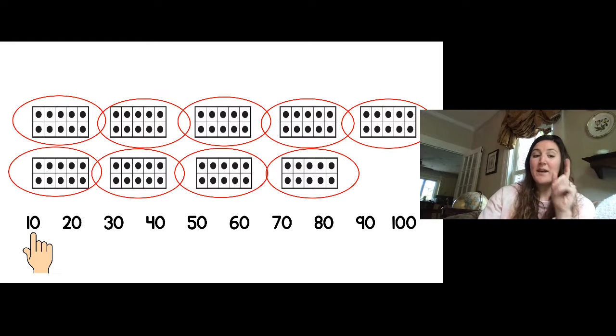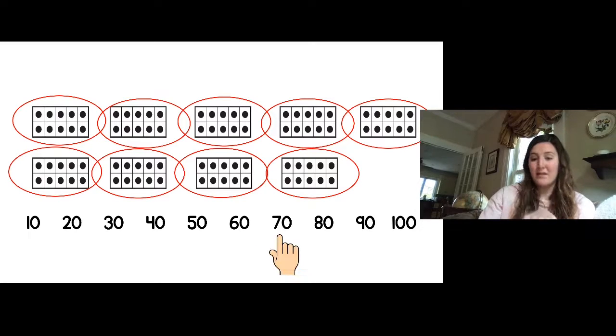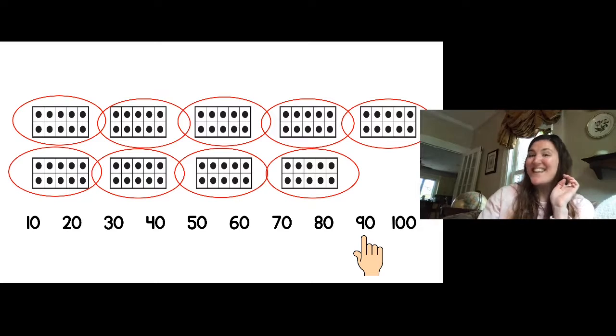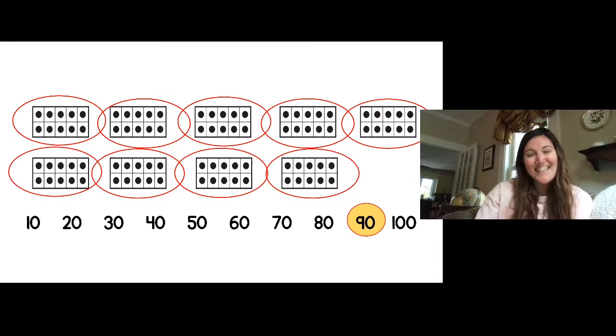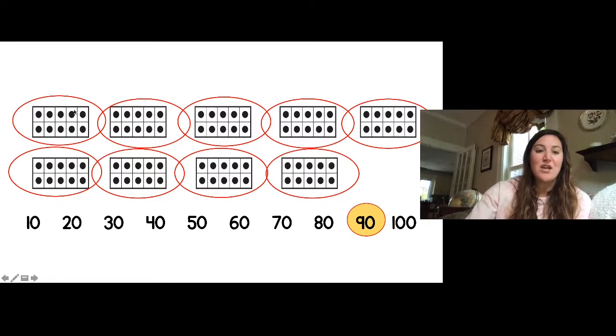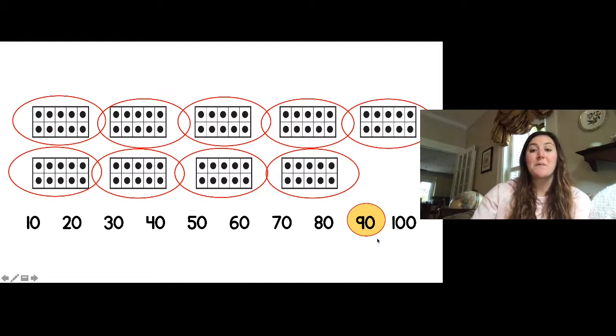Count until you get to it. What's that number? 90. Good job. There were 90 counters all together, or 9 groups of 10. So if we counted each of these counters by ones, there would be 90 of them. 9 groups of 10 is the same as 90 counters.